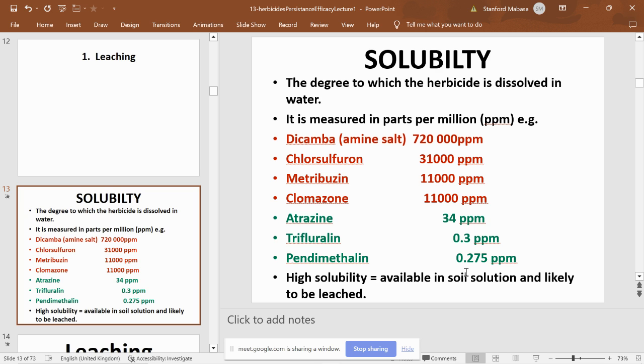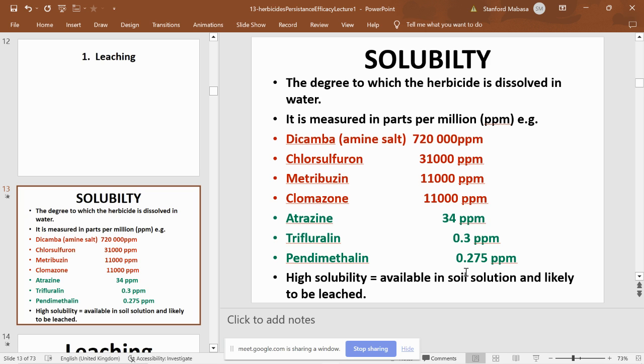So pendimethalin will actually sit on the soil surface. It can hardly move. No wonder we exploit its low solubility in depth protection. Because if you plant your maize below the zone of weeds, you can achieve selectivity.